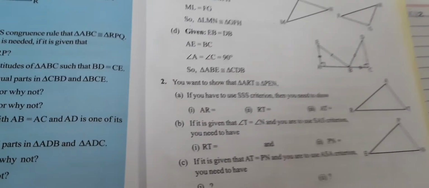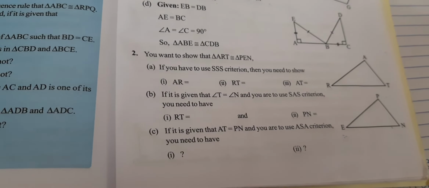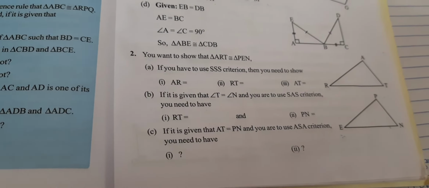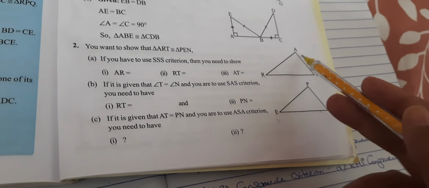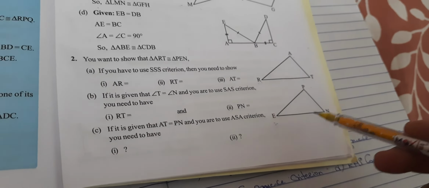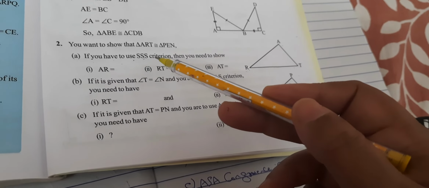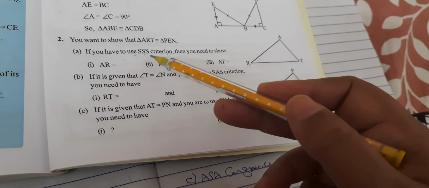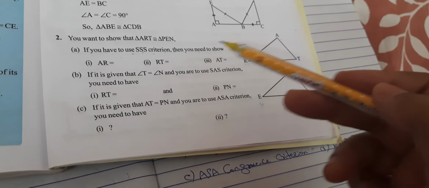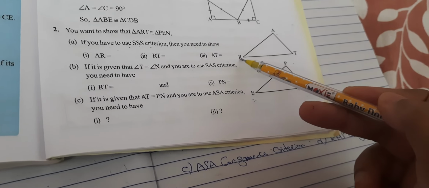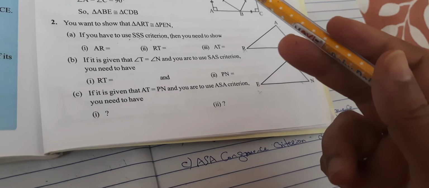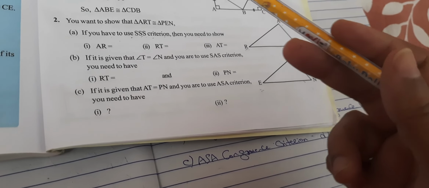Now the second main. You want to show that triangle ART is congruent to triangle PEN. Here one triangle is ART, another one is PEN. Now if you have to use SSS criterion, then you need to show the sides.